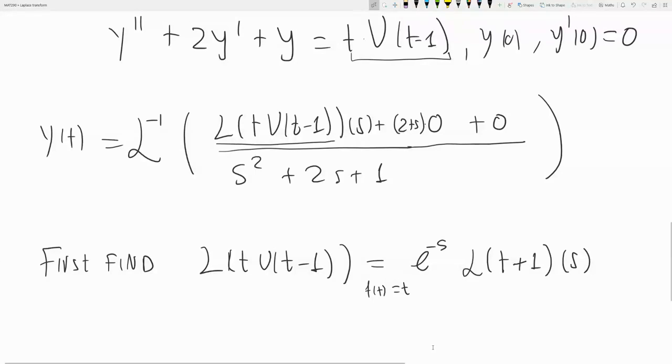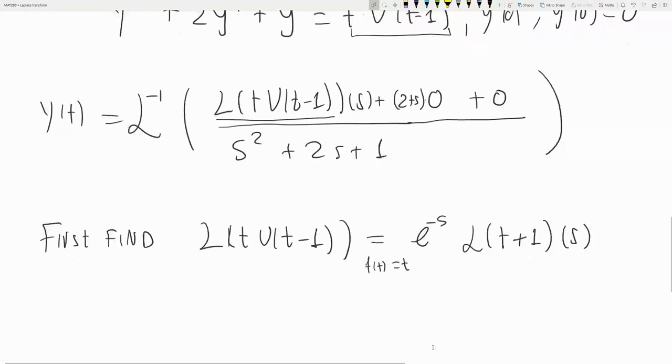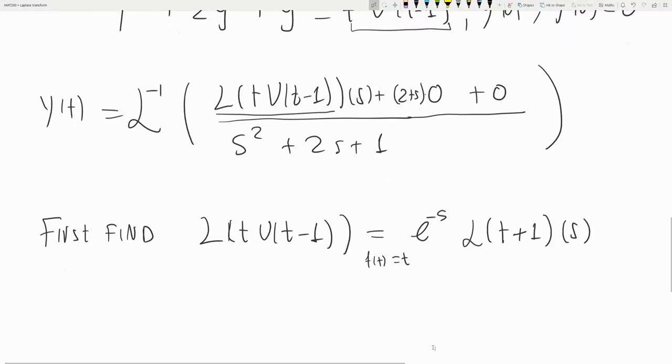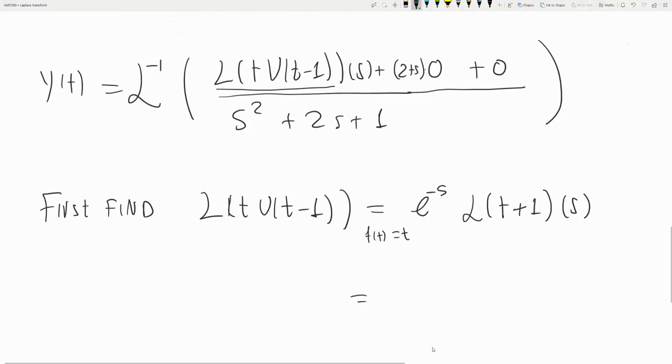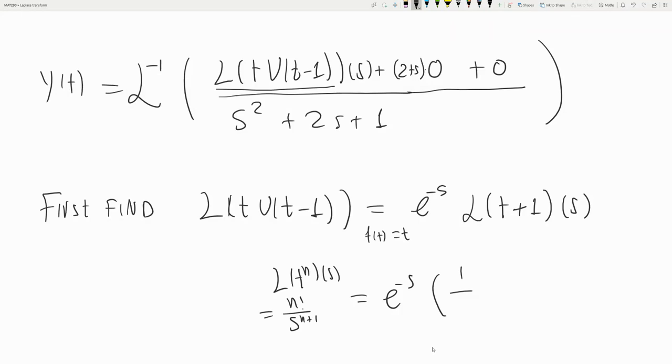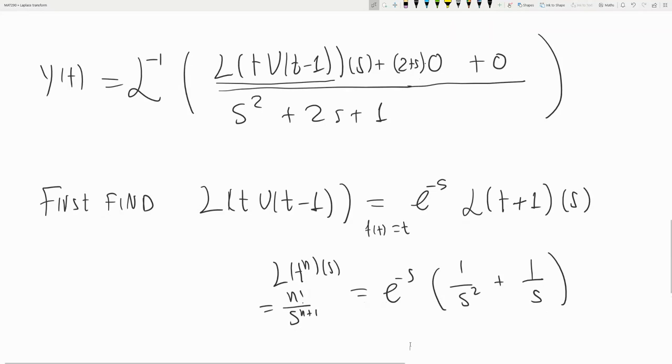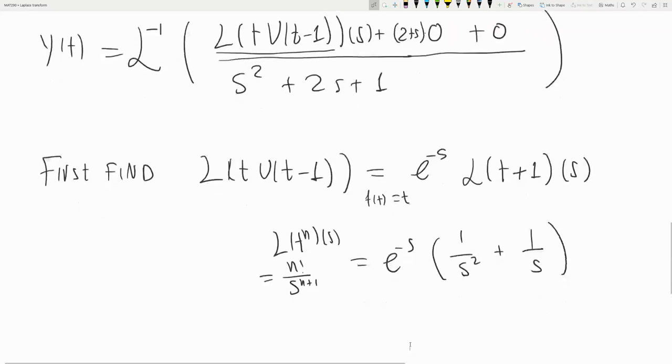Okay. So e to the minus s. Then we use linearity, and L of t to the n is n factorial over s to the n plus 1. So this is 1 over s squared, and this is 1 over s. Okay, good. Now we can return to our inverse.